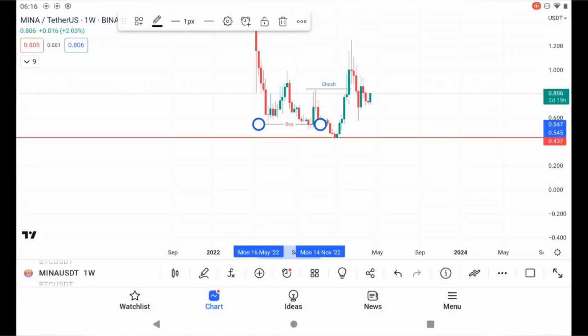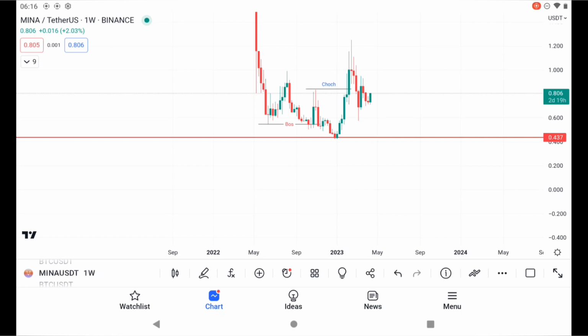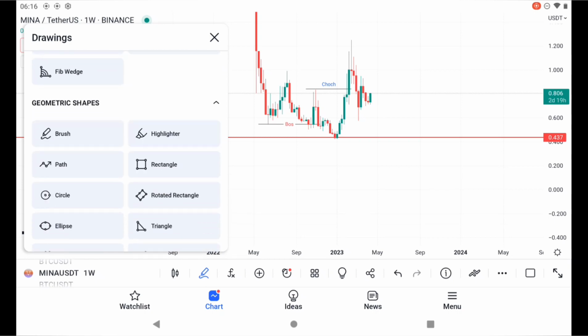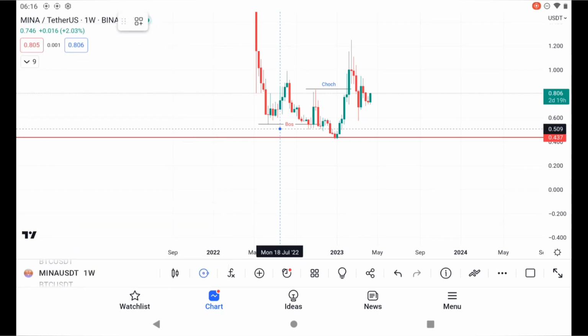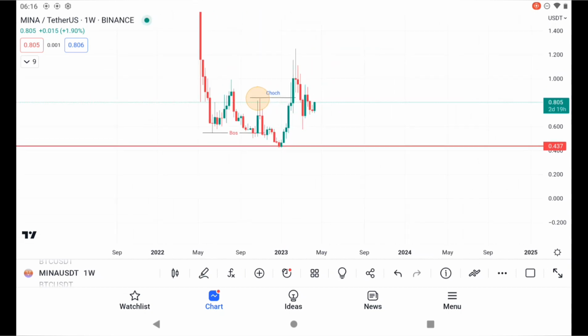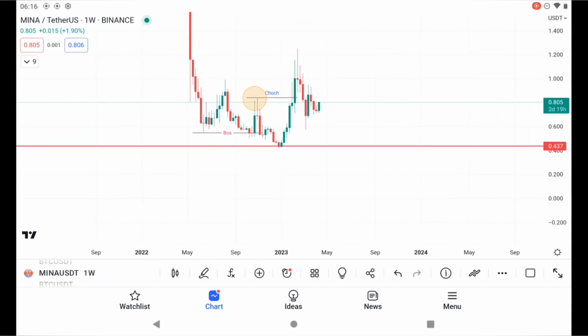Now, because we had a break of structure, this point now becomes our next lower high. I'm analyzing this with you guys, so stick around. It is that point that price seeks to break to continue an uptrend.